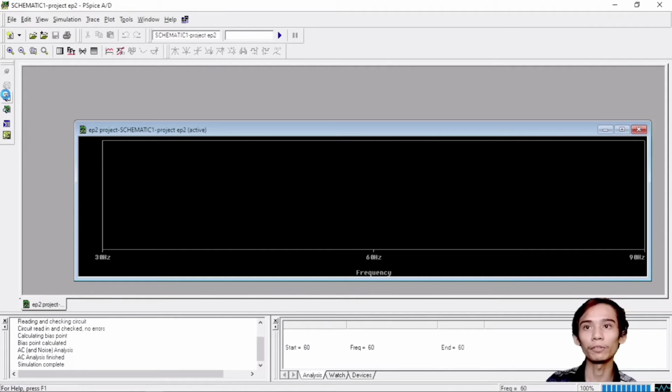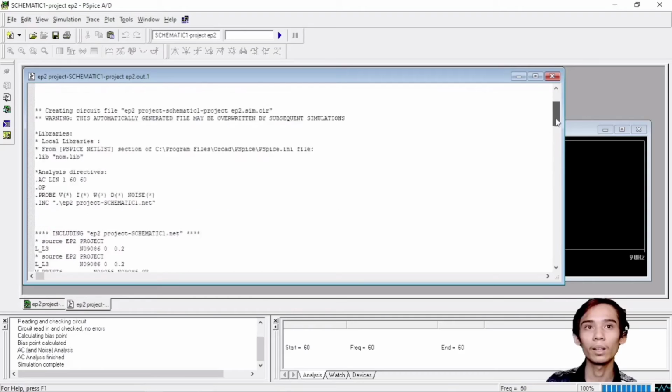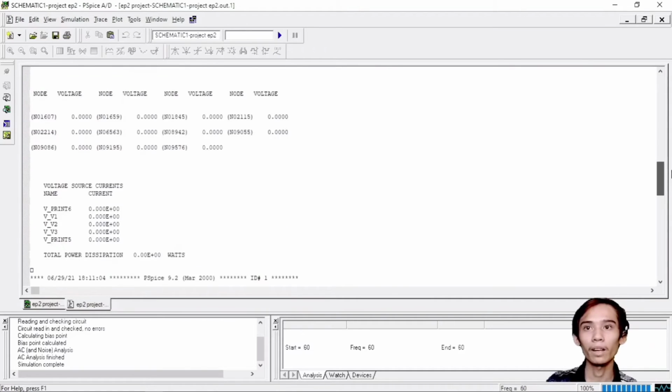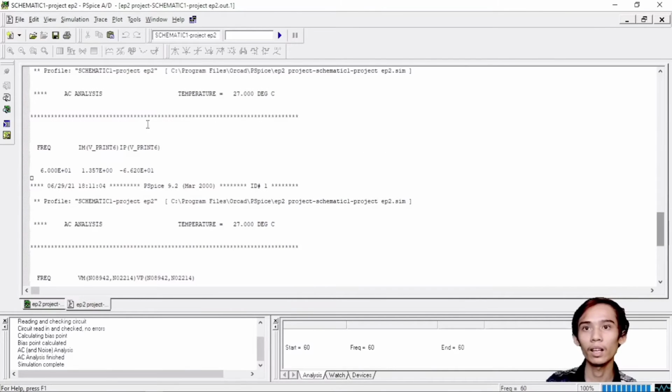Okay, we click on the output file, and we got the first result, which is for the IAC. We get 1.357 at negative 66.2 degrees ampere for the IAC.